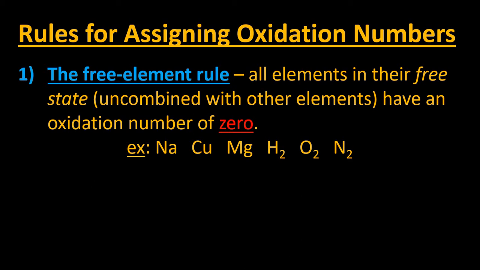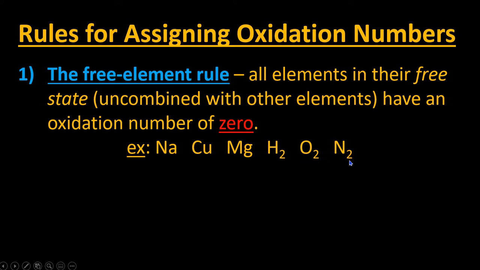Okay, the rules for figuring out what those oxidation numbers are. Number 1, the free element rule. All elements in what's called their free state, in other words, when they are not combined with something else, have an oxidation number of 0. So if you look at the examples, you have sodium, copper, magnesium, all of which are individual atoms.